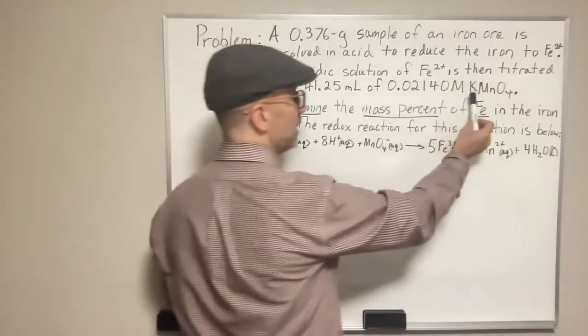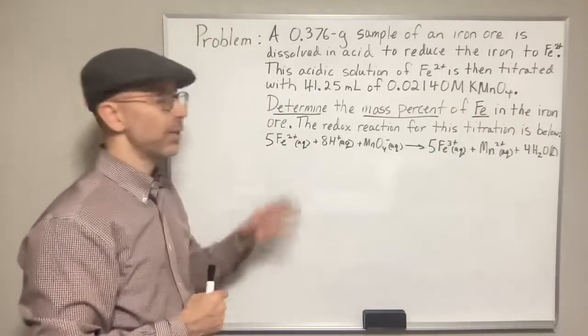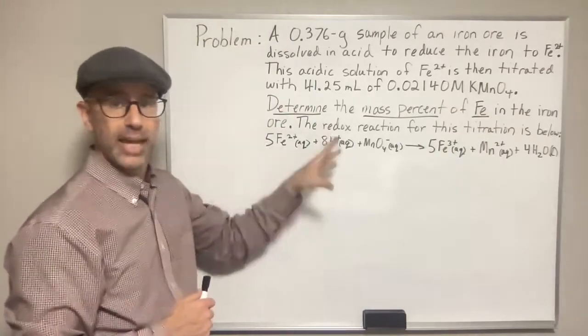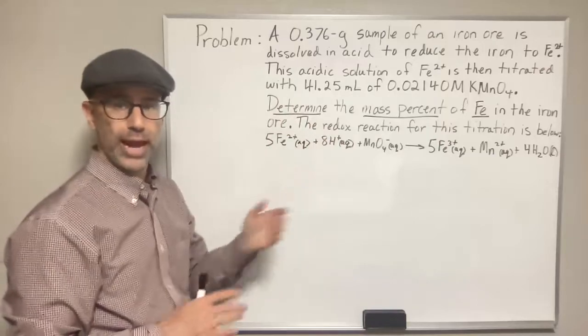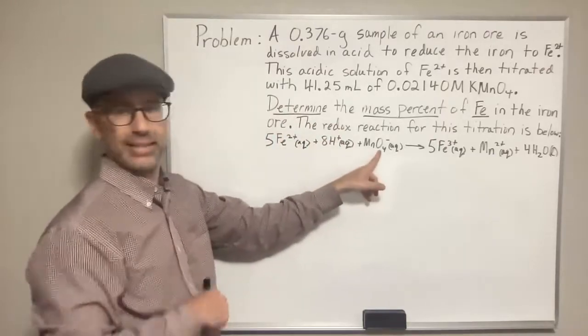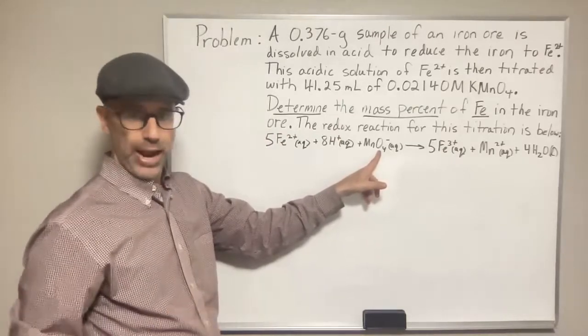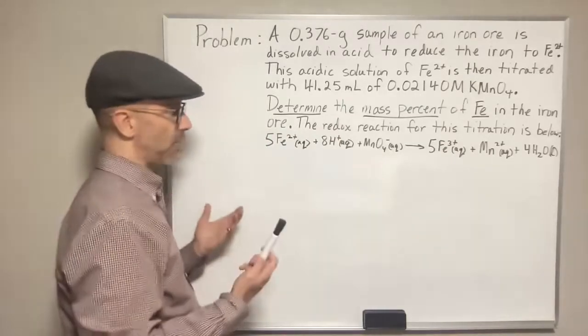The potassium here doesn't matter. You might be wondering, what happened to the potassium? It's a spectator ion. It's not involved in the reaction. In the reaction equation, notice that they left potassium out because it really is not involved in the reaction at all.